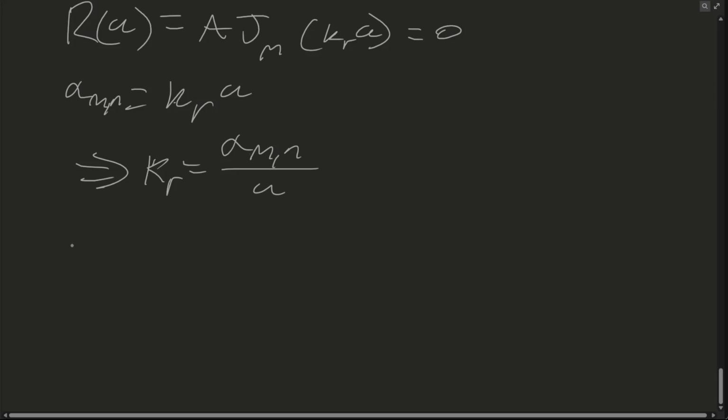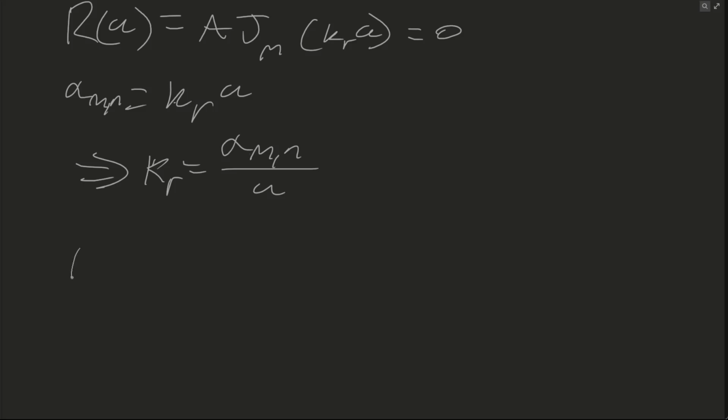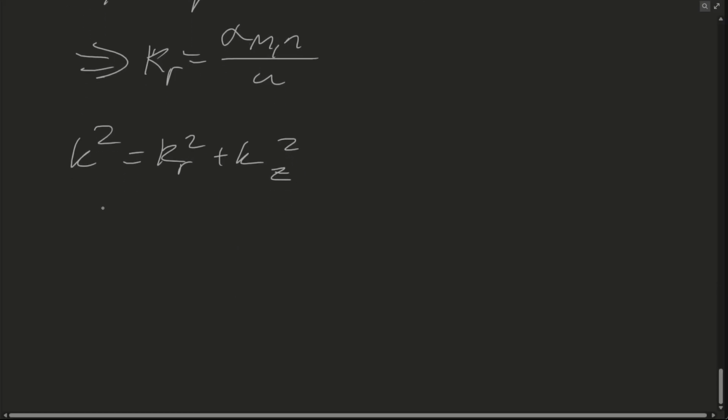And now we know that k squared equals k_r squared plus k_z squared. We're really close.